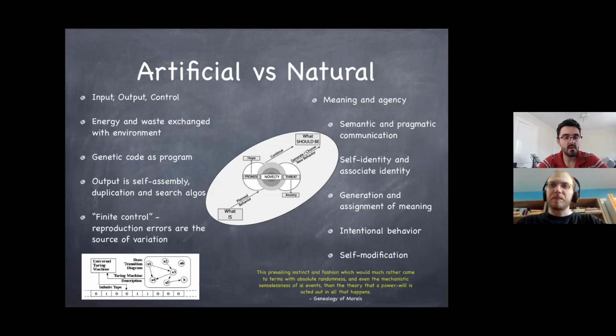I also wanted to talk about what I think is the blockage, right? To quote Nietzsche again, this prevailing instinct in fashion would much rather come to terms with absolute randomness and even the mechanistic senselessness of all events than the theory that a power will is acted out in all that happens. So there's a resistance to this idea that these symbols can arise, that true novelty can arise from us.